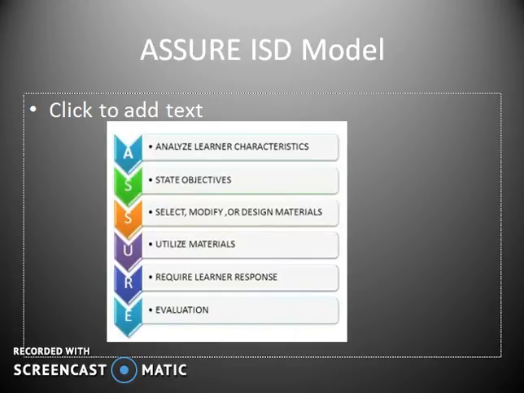The ASSURE ISD model is made up of 6 steps, which include analyze learner characteristics, state objectives, select, modify or design materials, utilize materials, require learner response, and evaluation.